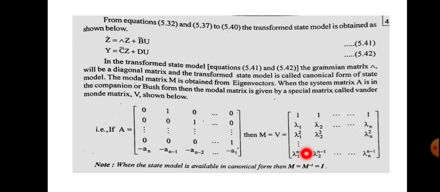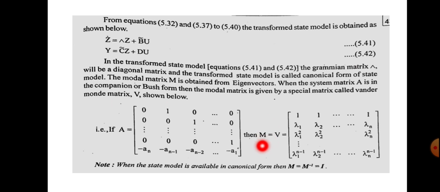The last row is lambda 1 raised to n minus 1, lambda 2 raised to n minus 1, up to lambda n raised to n minus 1. This is the way we get the model matrix when the eigenvalues are distinct, that means there is no repetition of any eigenvalue. Then the model matrix obtained is also called the Vandermonde matrix. So this is the way we obtain this model matrix.